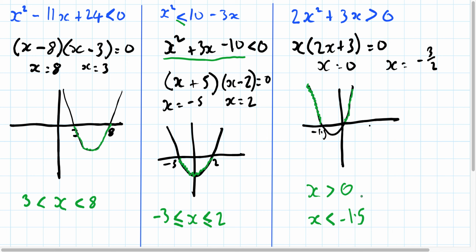Okay, so we write two separate inequalities. x is greater than 0 or x is less than minus 1.5. And that's it for quadratic inequalities. It's important to draw the graph so you understand what range you're using.